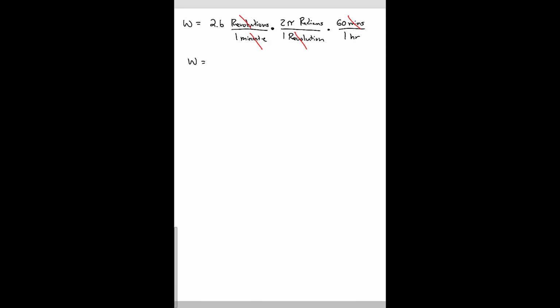Now omega is equal to 2.6 times 2 pi times 60, and the radians are the only unit left on the top, over 1 times 1 times 1, well, that just gets us a 1. But the only unit we have on the bottom is hours.